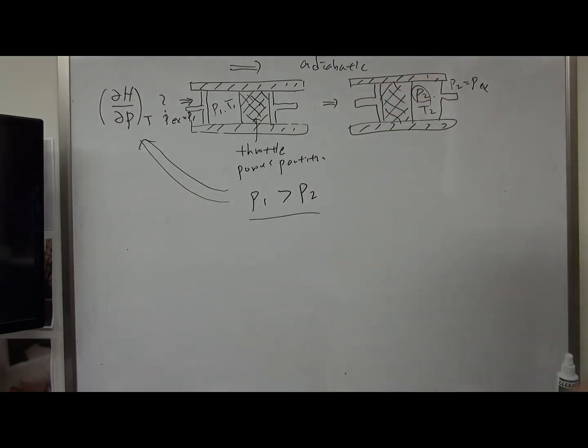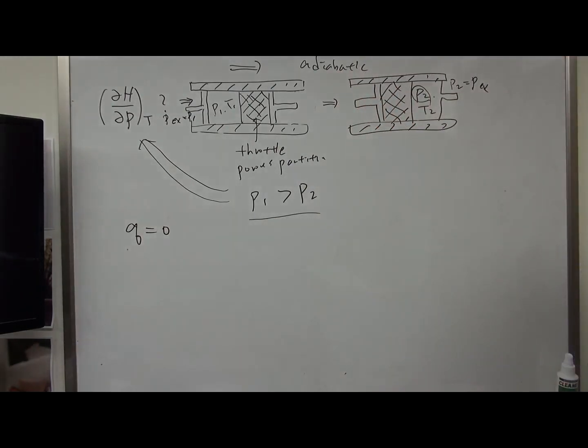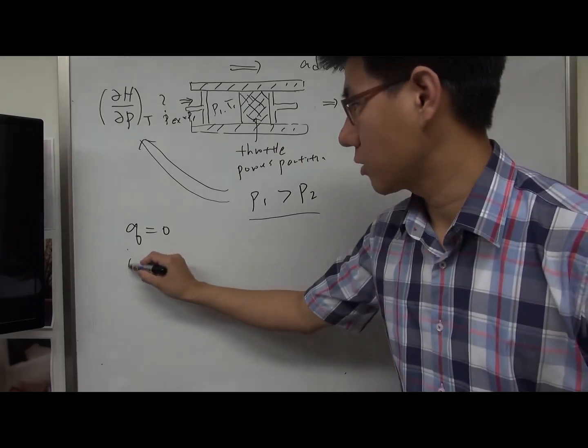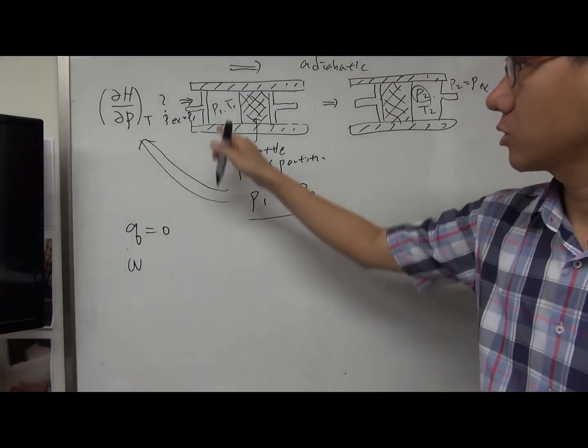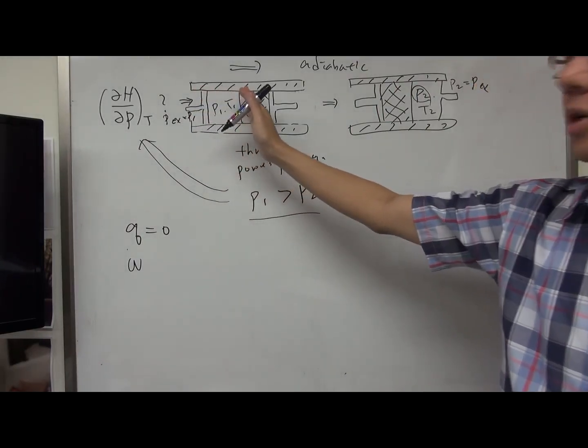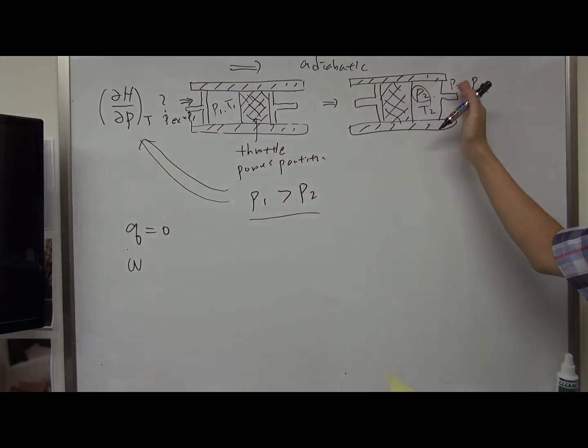So for the whole process, Q is 0. You don't need to worry about Q. All you need to calculate is work. You can calculate work during the compression from the left side and during the expansion on the right side.